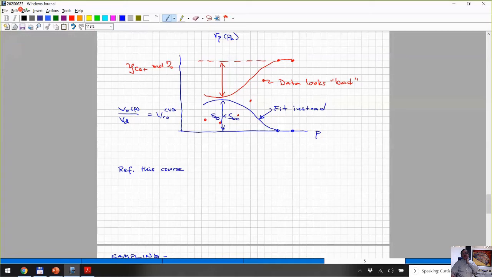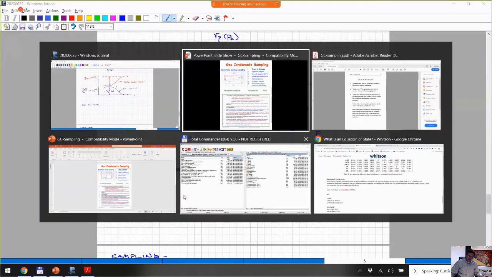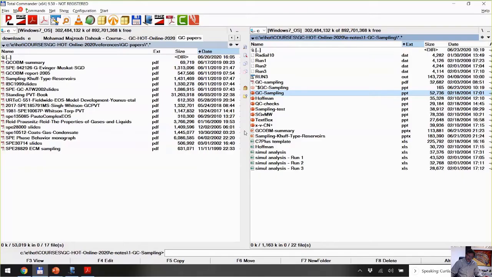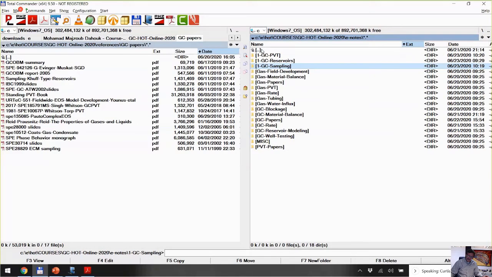We've been presenting this as a recommended strategy for EOS modeling, use of lab data for gas condensates since the early 1990s. There's a specific paper, I think there's a presentation, but I don't know if it's connected with the paper. Let me just see real quick if I can find it.